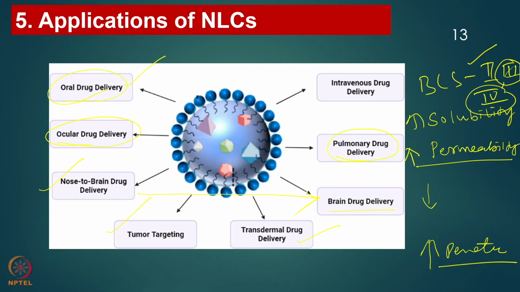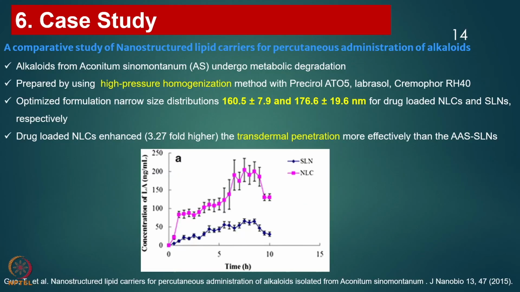Pulmonary delivery is also possible to target COPD, and we know that in case of COVID people have used a lot of antiviral drugs. Such drugs can be encapsulated in NLCs and given as pulmonary delivery systems. Intravenous, obviously, where you can definitely expect high loading and high controlled release compared with the NLCs.